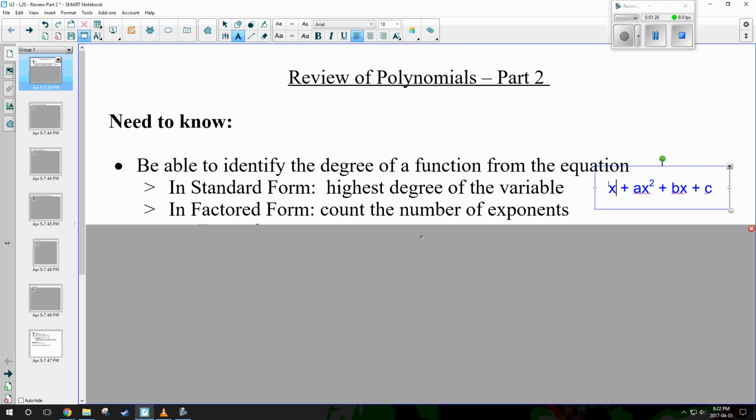And to be able to tell what the degree is, remember we just look at the variable that has the highest number. So in this case, that would be the 3, so the degree would be 3. When it's in factored form, remember that's when you have all the brackets.